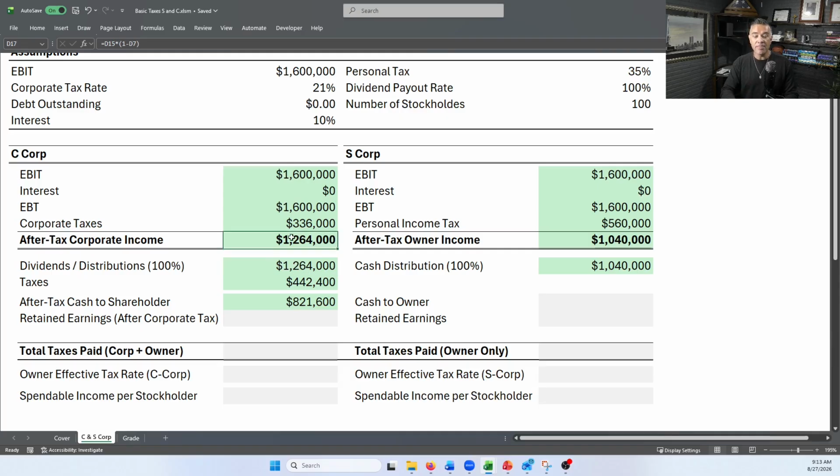So what I'm going to do is go to retained earnings. I'm going to go equals this minus what was paid to the shareholders. The difference between that must be the retained earnings, right? So if I change it to 90%, you'll see that adjust.